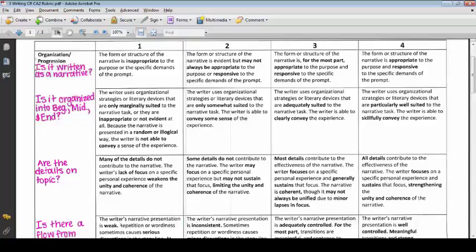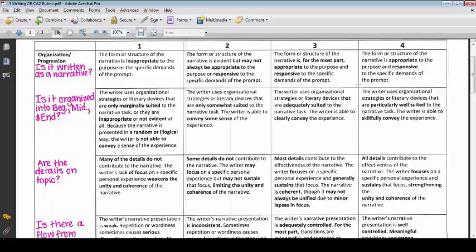So what you'll ask first is, is it written as a narrative? Once you read over a scholar response, ask, is it written as a narrative? Again, level 1 would be, no, it's really not. They wrote a how-to paper instead, or they wrote a persuasive paper instead. A level 2 is, yeah, it's written as a narrative. It's not super responsive to the prompt, but I can see it.